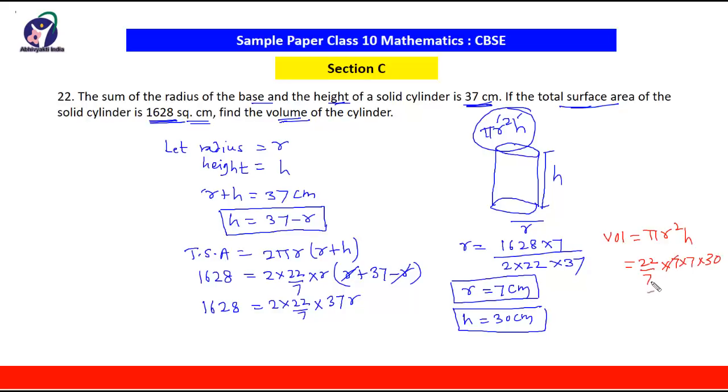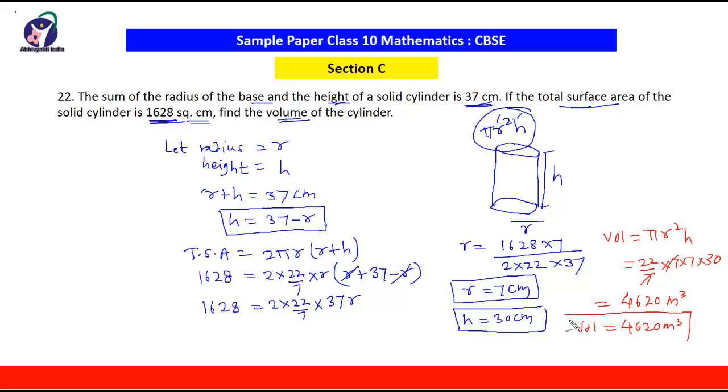This 7 and 7 will get cancelled. So 22 into 7 into 30 will be equal to 4620 cubic centimeter. And therefore the required volume of the solid cylinder is 4620 cubic centimeter. Highlight this.